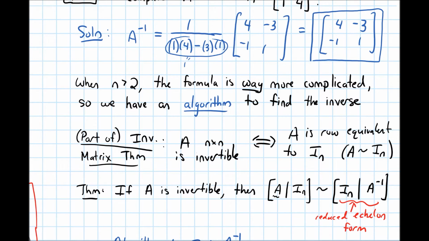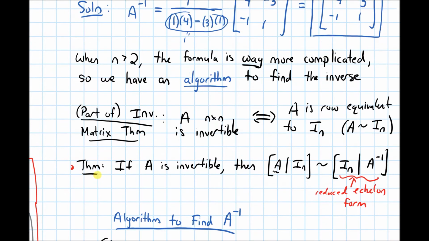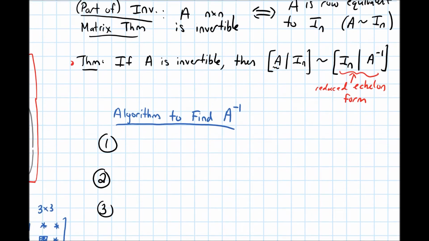Okay, so now we're ready to state the algorithm, the key steps. It's based off of this theorem right here. There are 3 key steps to finding a formula for the inverse matrix. The first is we write A augmented with the identity matrix, augmented with I_N. The second step is we put this in RREF form, the reduced row echelon form.